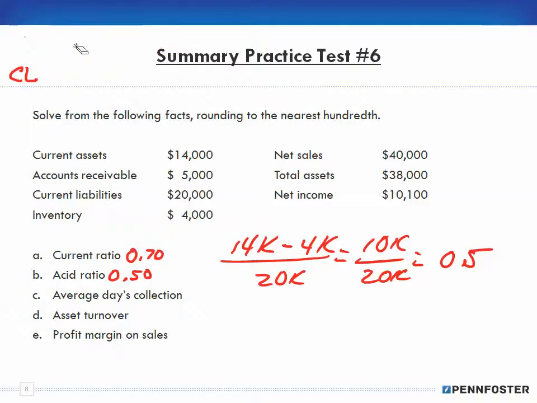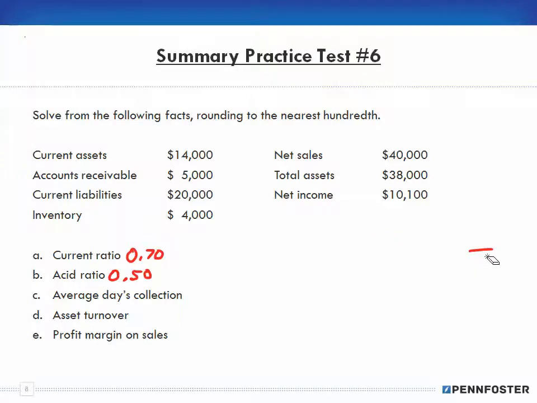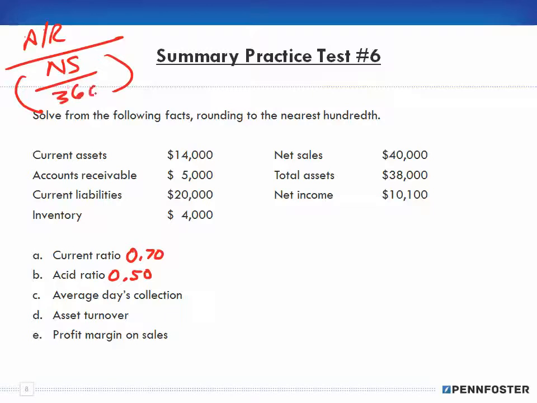All right, next up is the average days collection. Remember, we're talking about our accounts receivable, because we're thinking about collecting it, and that is over our net sales divided by 360.